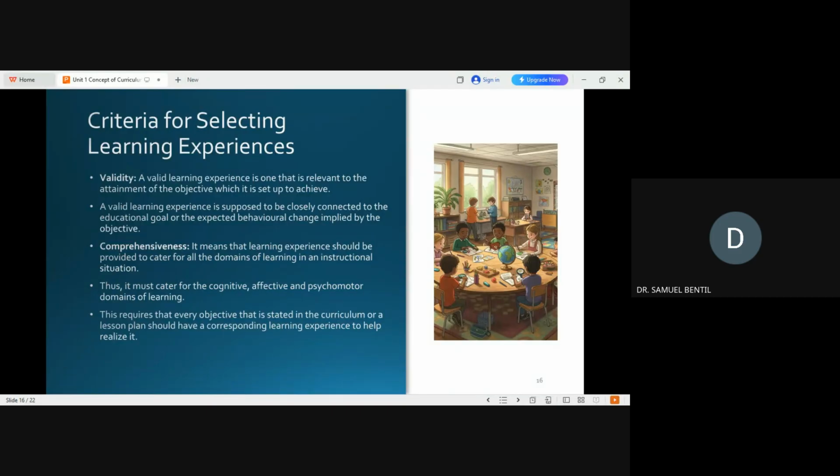Then we have comprehensiveness, which we have already talked about in content one, where we said that the learning experience or the activity or method or techniques you use in your classroom should be able to ensure the holistic development of the learner. And yes, it should cater for all the domains of learning in an instructional situation.